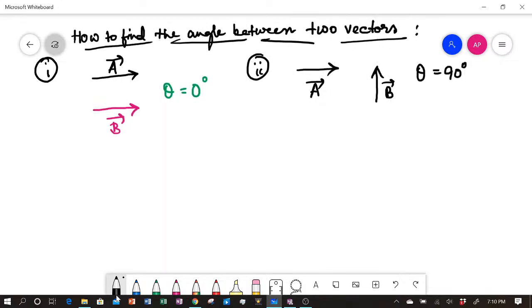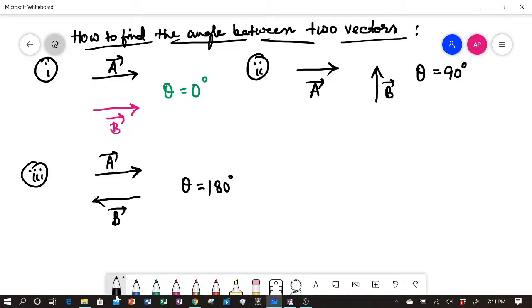Next, if it is vector A and this is vector B, then how much would be theta? 180 degree, right?